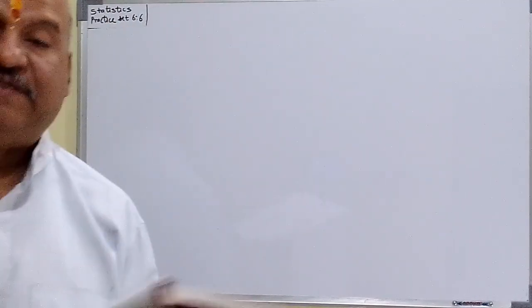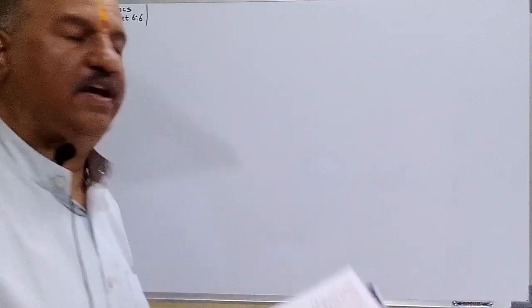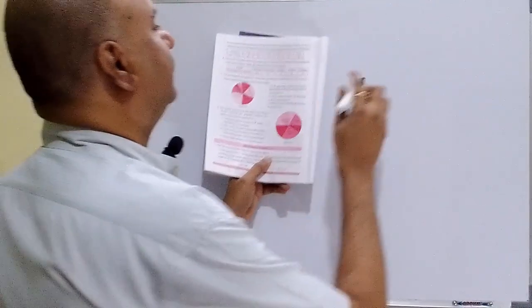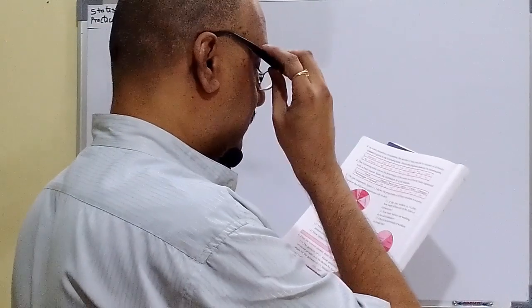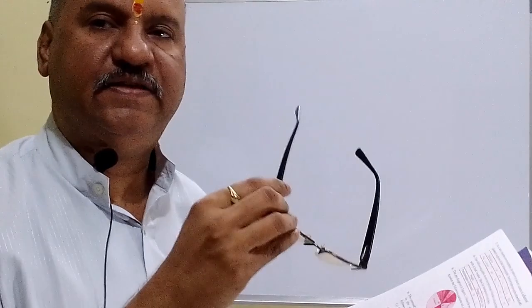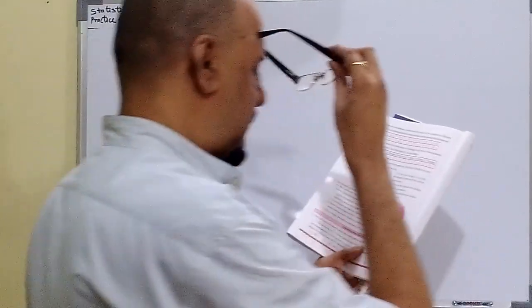post office. So first of all we'll draw a pie diagram, the diagram which is already there in your textbook, which will give an idea of how the investment is done in degrees. Then we'll find the answers.